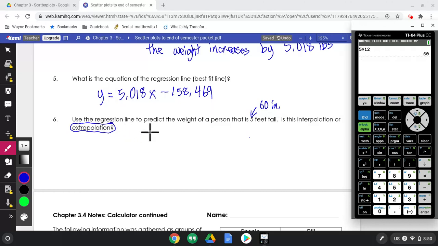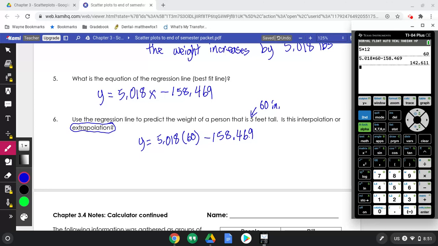All right, so now let's use the regression line to predict it. We plug it in for x. Y equals 5.018 times 60, minus 158.469.